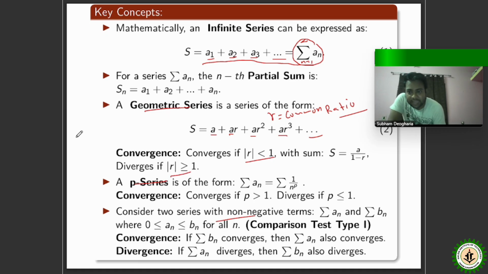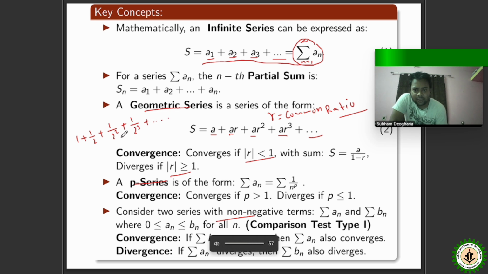If we take the example of the infinite series 1 plus 1 by 2 plus 1 by 2 squared plus 1 by 2 cubed and so on, the common ratio r is equal to 1 by 2, which is less than 1. So this is a convergent infinite series because mod of r is less than 1.